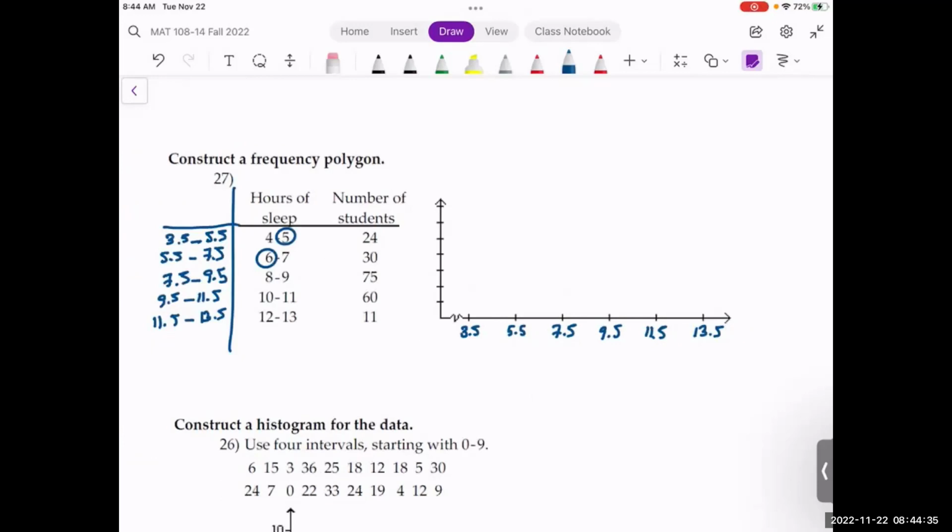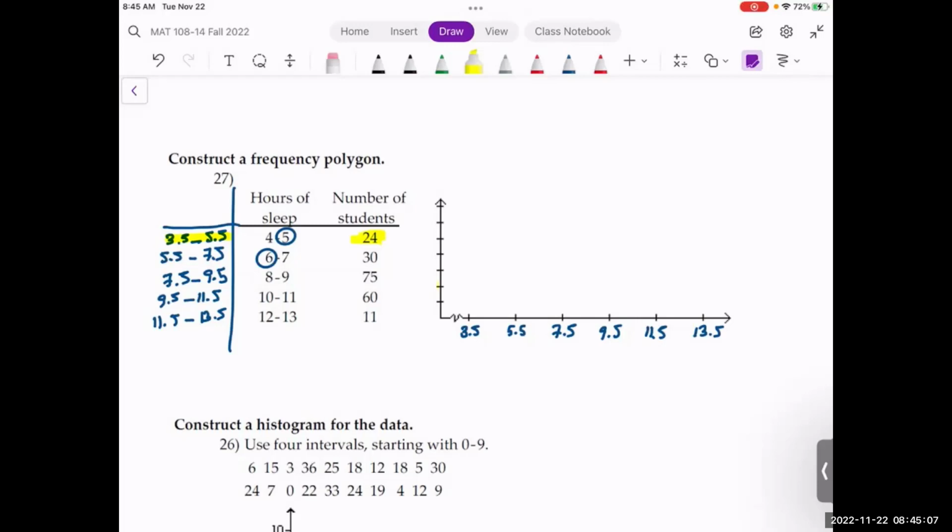So now what I'm going to do is look at the frequencies. For the first column, which is 3.5 to 5.5, I have 24. The best way to do this is to go and see what the highest number is. Usually we divide it evenly, but it's up to you what scale you want, as long as it's consistent. If I have one division, 2, 3, 4, 5, 6, 7, I have 7 divisions.